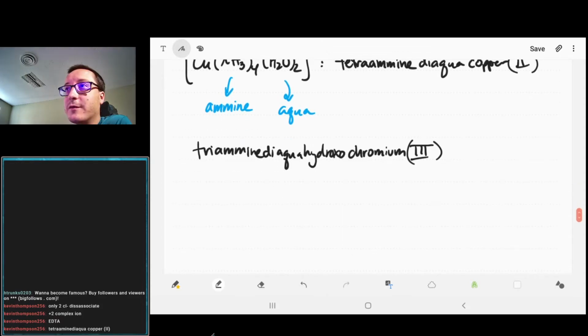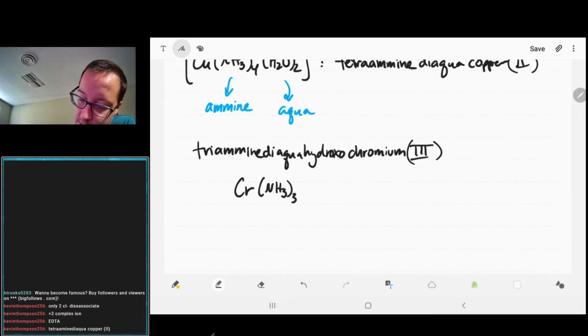So, if we're going from the name into the formula, of course we have chromium. We always put the metal first in our complex. We have 3 amines there. We have 2 waters. And we have a hydroxide.